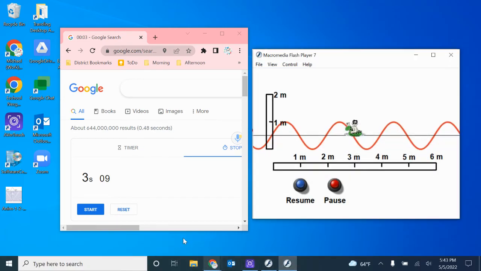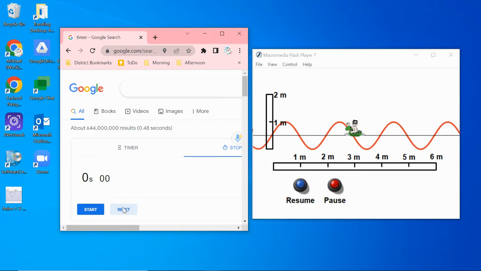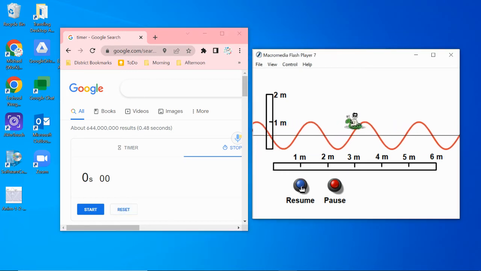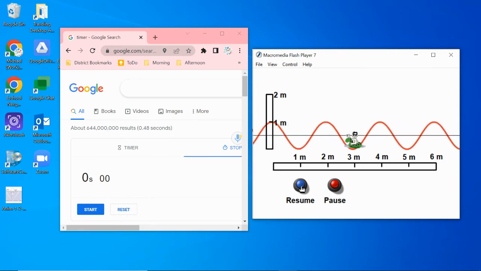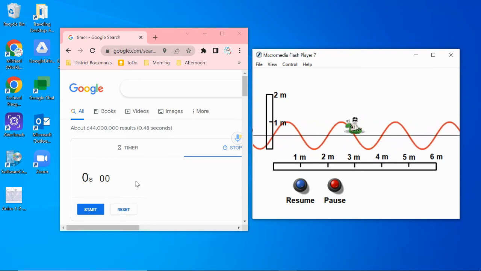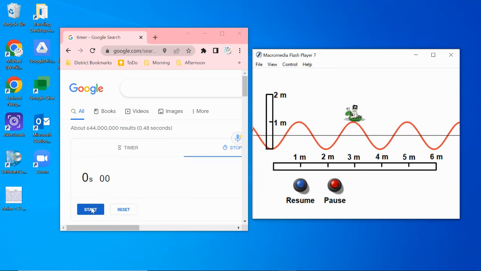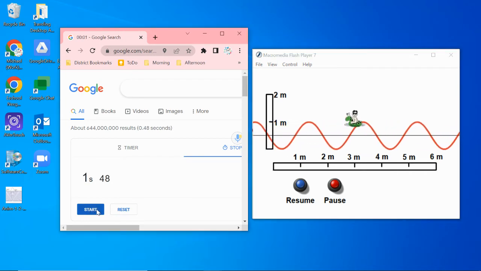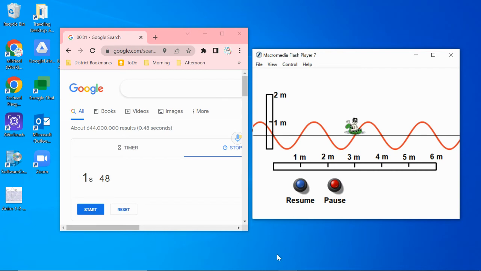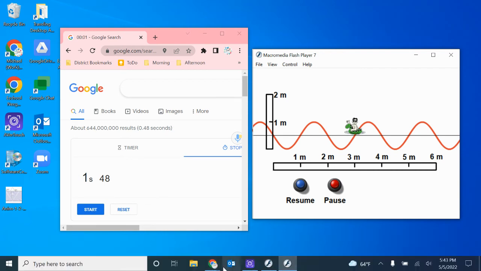Let's do it again here, and this time I'll have you pull out your timers. Let's pause the videos so everybody can pull out their timers. All right, now that you have your timers, let's start them up. All right, that looks like it's about 1.48 seconds.